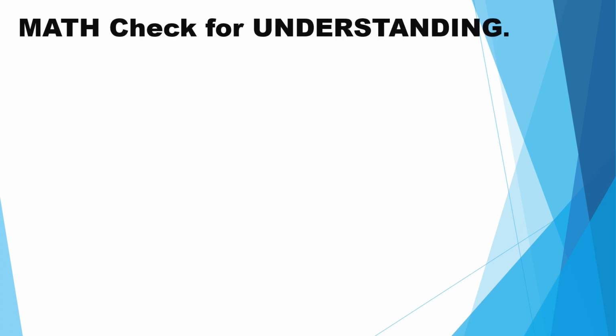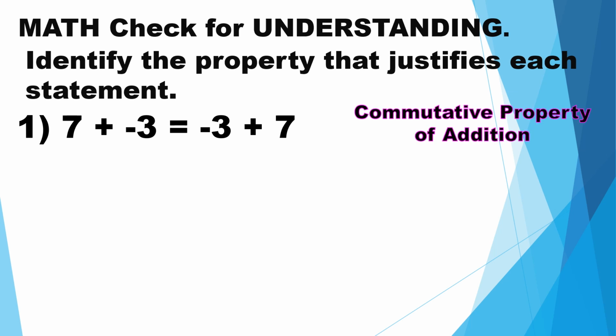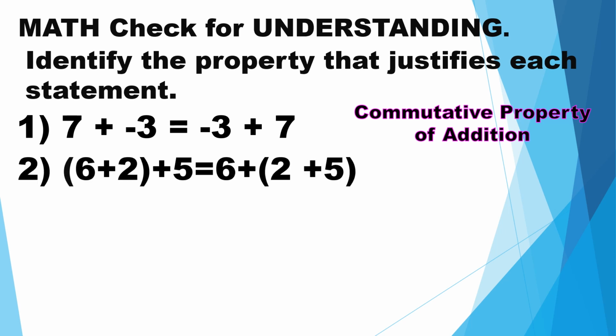Let us try this. Math check for understanding. Identify the property that justifies each statement. Number 1. 7 plus negative 3 is equal to negative 3 plus 7. What property is that? That is commutative property of addition. Number 2.